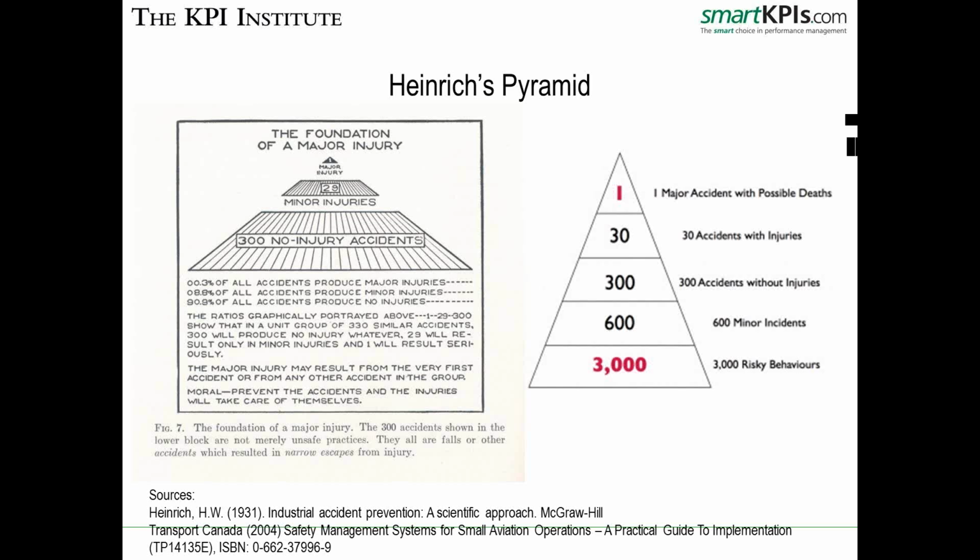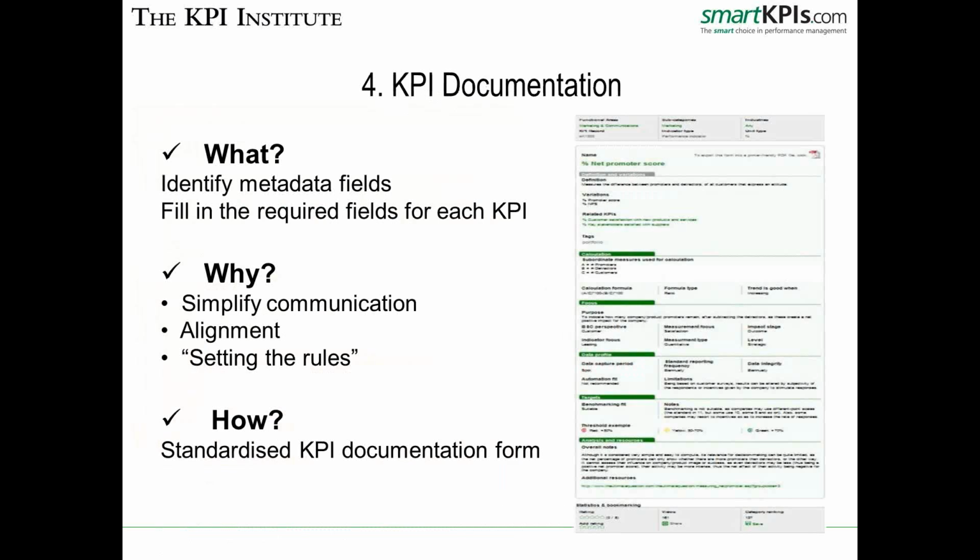So that's another example of balancing, where we are interested not just in monitoring things that occurred already. We want to also anticipate the chances of certain results occurring in some of these KPIs from the top of the pyramid by taking action in reducing what's at the bottom of the pyramid.